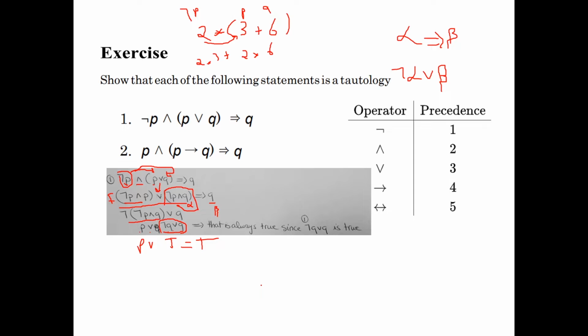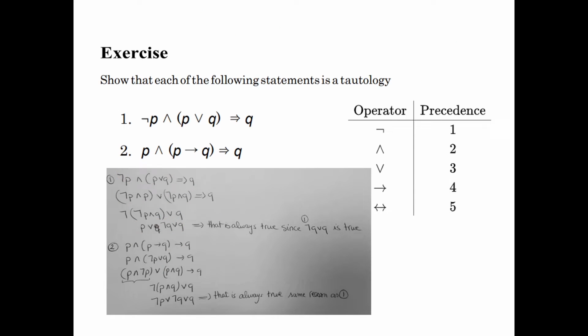If you couldn't do either part 1 or part 2, but now you get the idea of how to solve it, you can pause and try to solve the second one. And the solution for the second one is as follows. What did we do?